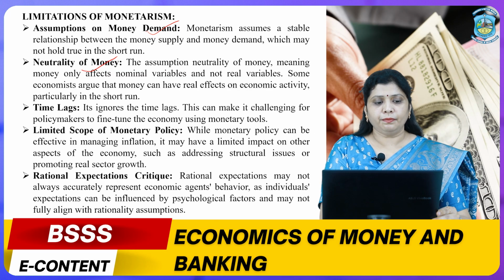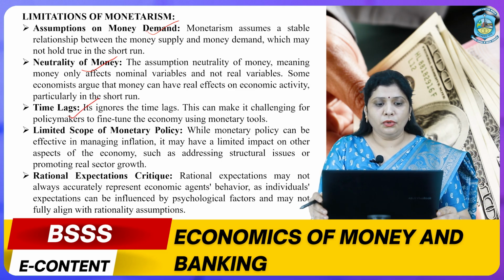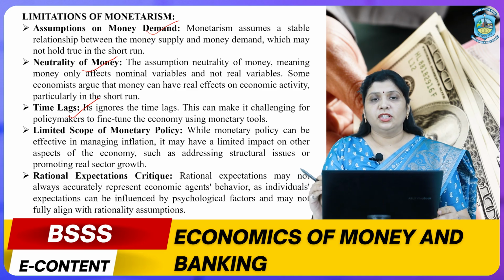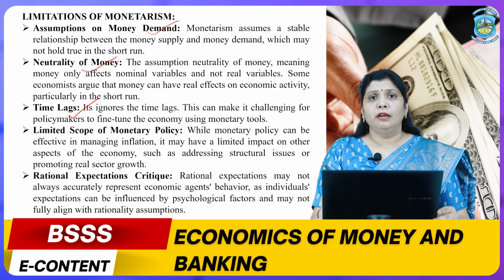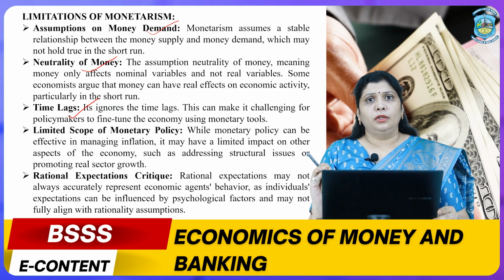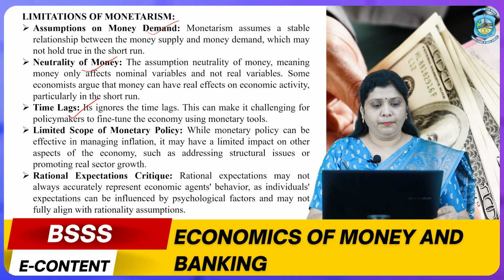Next limitation is time lag. Under this theory, they ignore the time lag. It can make it challenging for the policymaker to solve economic fluctuation, and with the help of using tools they cannot control it in the short run.